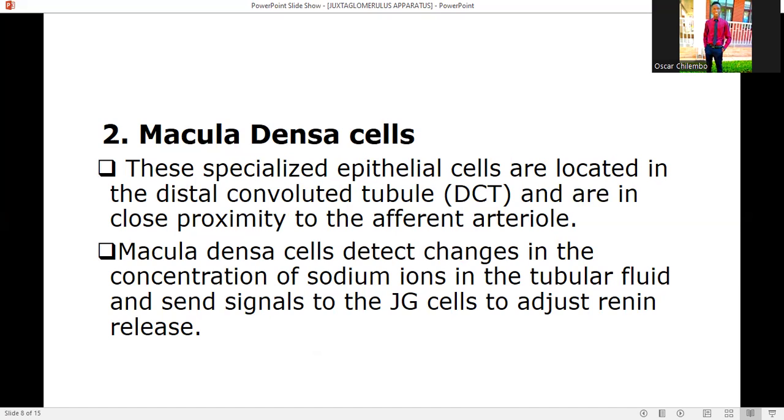So I told you that there is an interaction within these cells. The macula densa cells sense the concentration of sodium. Sodium plays a critical role. The level of sodium determines whether your BP is high or low.